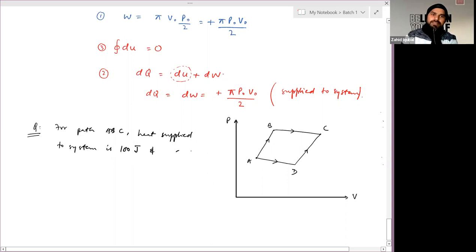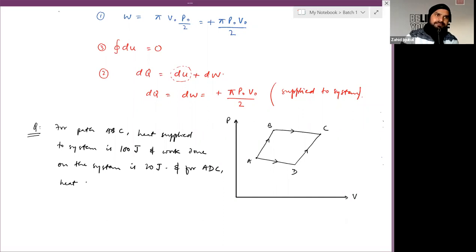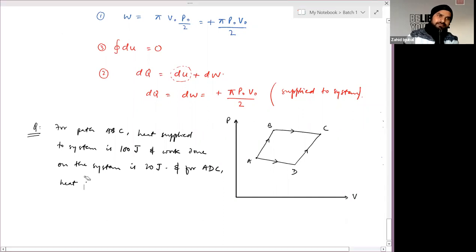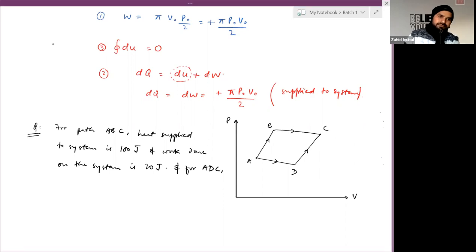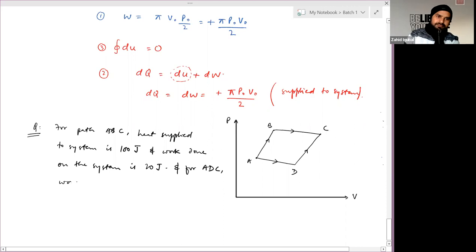and work done on the system is 20 joule. And for ADC, work done by the system is 30 joule.